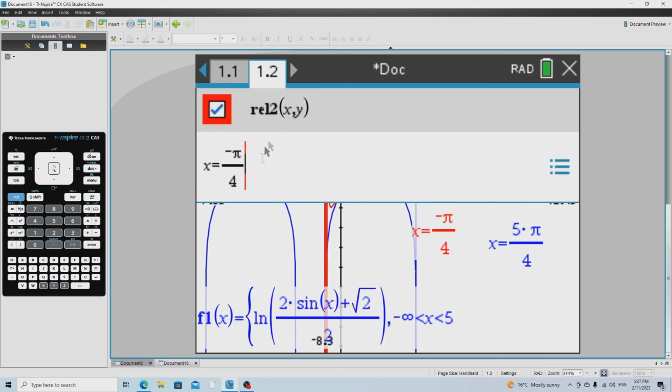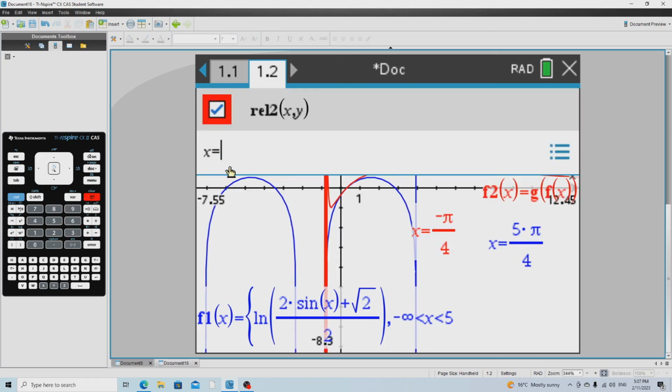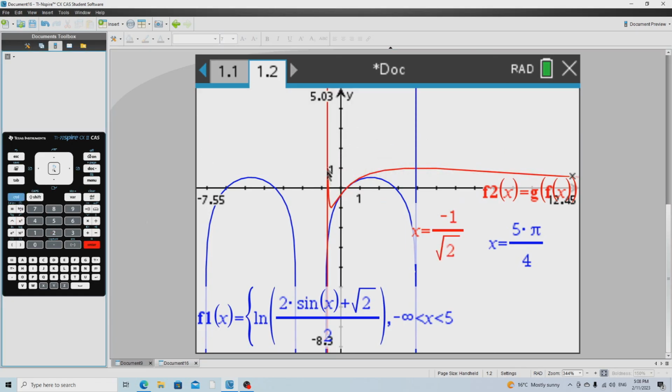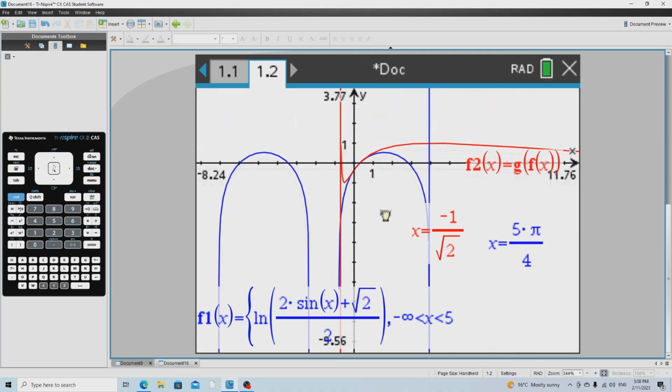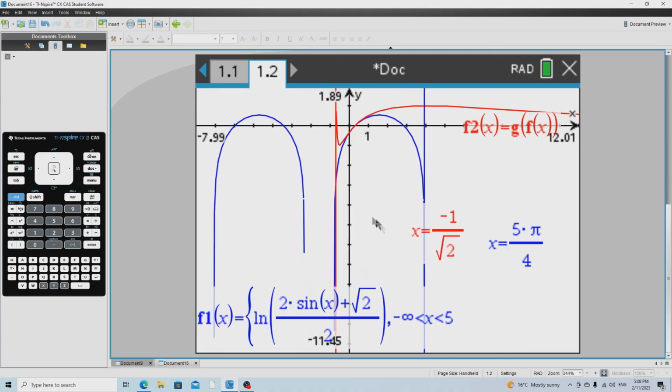Okay, let's actually just, what about if we said the other ones just say negative 1 over root 2? Let's put that. So if we put negative 1 over root 2, it touches it, but then it goes over this problematically.